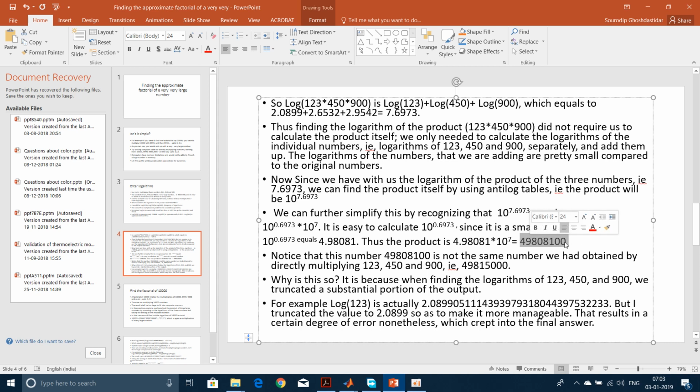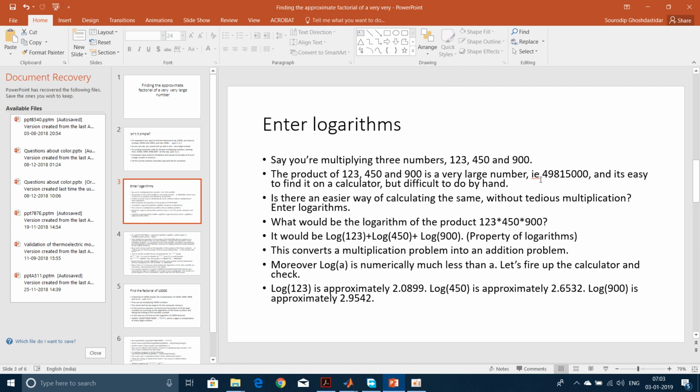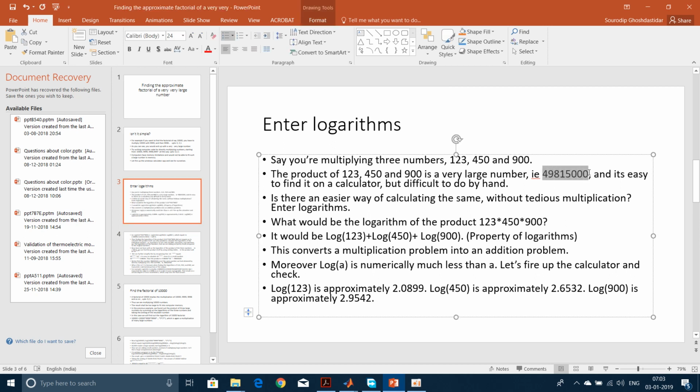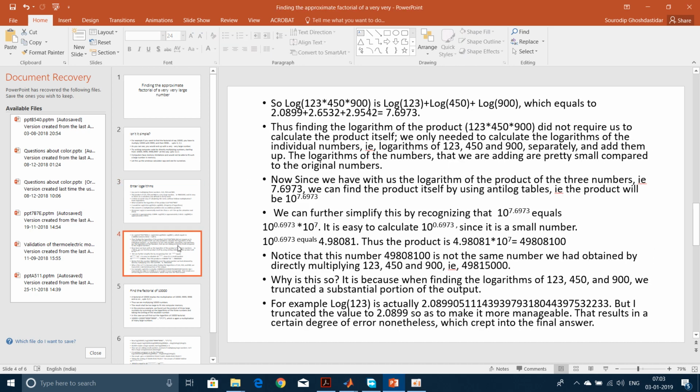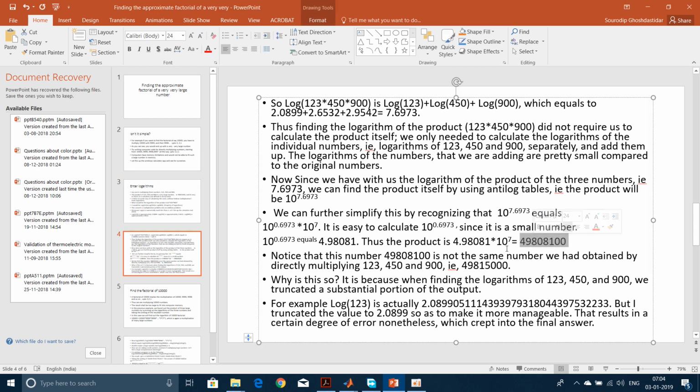Notice that this number that we obtained from finding the logarithms and then doing the antilog is actually not the same as the original number which we found by multiplication. The actual number is 49815000, and the number which we found using the technique that I described is 49808100. Have another look.